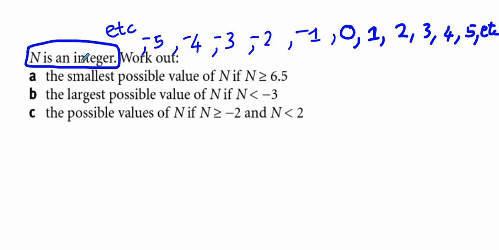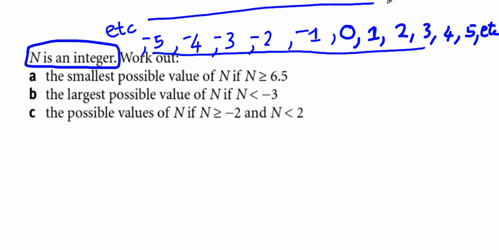So when they say an integer, we don't expect to have a decimal number in a set of integers. Only whole numbers, positive and negative, including 0, make up the set of integers.